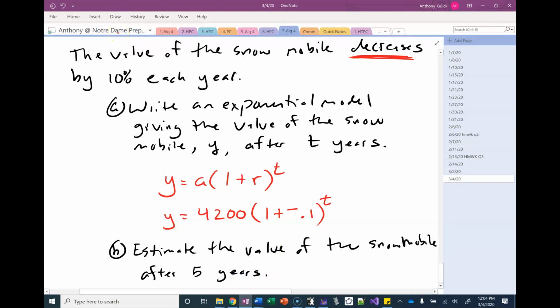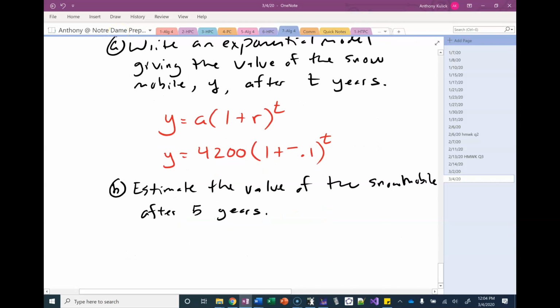So next I ask you to estimate the value of the snowmobile after 5 years. Okay, so we'll use the model that we just created in the previous one. How did I get the 0.9 there?